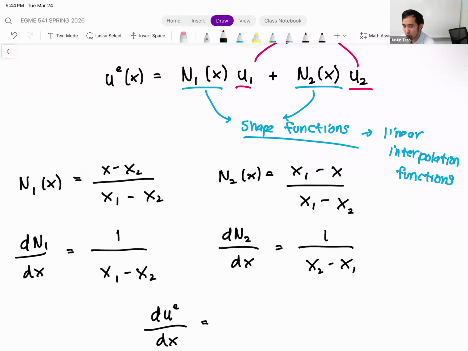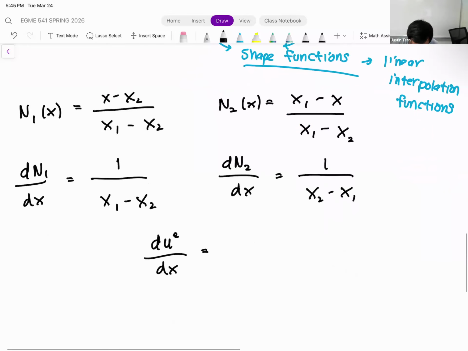For all intents and purposes, those are constants. So if we were to take the derivative of our solution function, the only parts that actually take the derivative are going to be the shape functions. So du/dx is going to be equal to dN1/dx multiplied by u1 plus dN2/dx multiplied by u2.